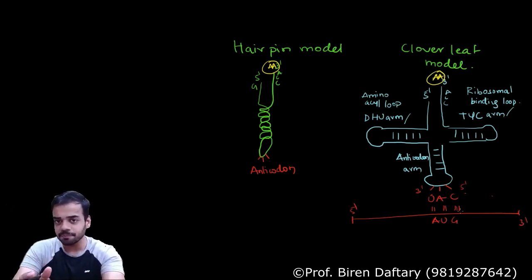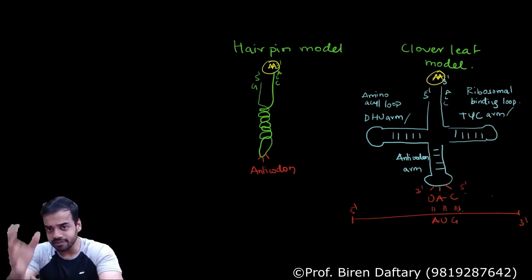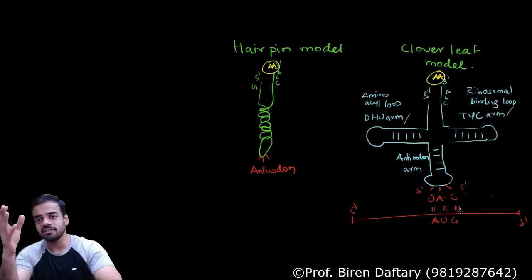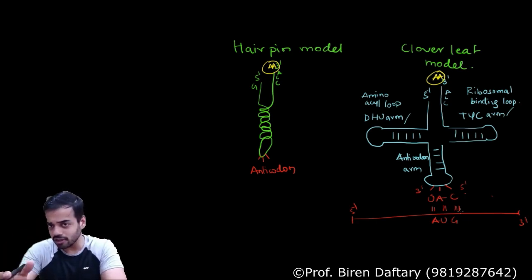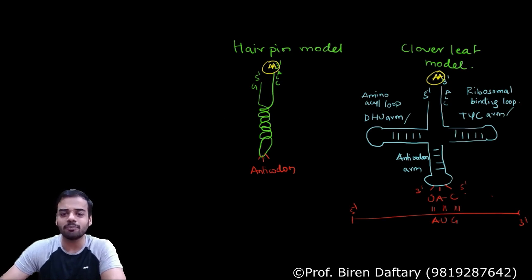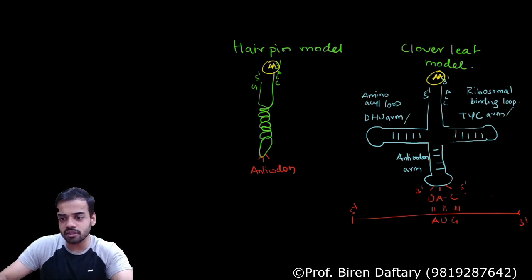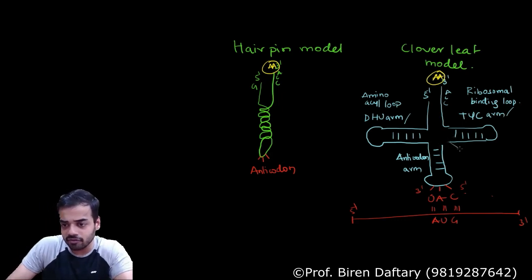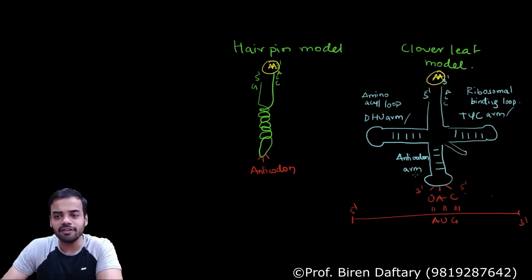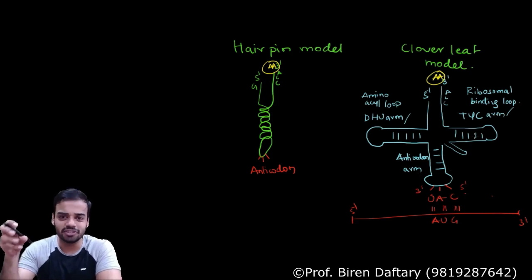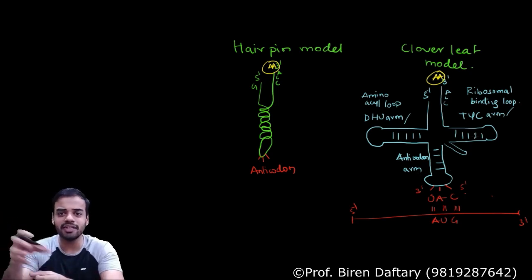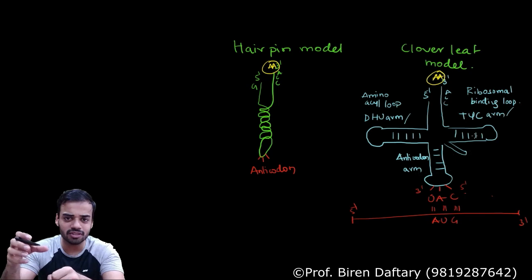Is this structure clear? This is the tRNA structure. The structure given in your 12th standard book is the cloverleaf structure. The hairpin model doesn't show the 2 arms, but what is important is the anticodon. Now there is one more part to the tRNA, and that is the variable arm. The variable arm is a structure which helps to support the tRNA when it is attached to the ribosome and also attached to the mRNA.